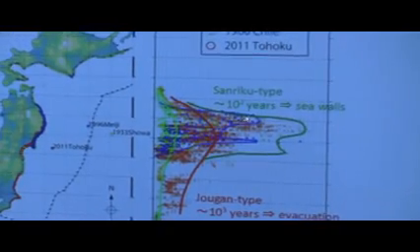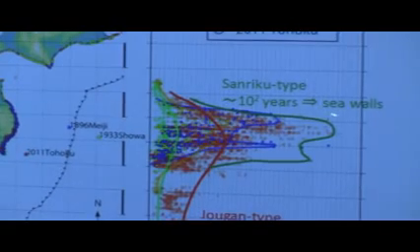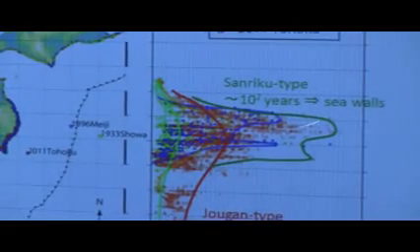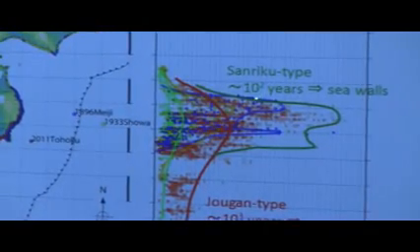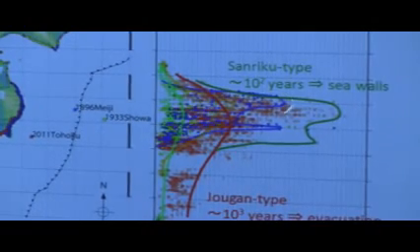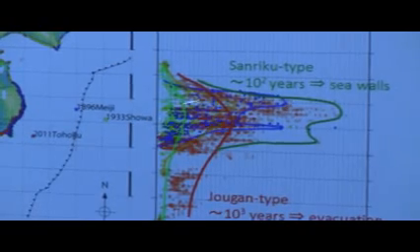And we are looking at this event as composed of two types of tsunami. The Sanriku tsunami repeated every 100 years and produced the large inundation height, especially in the Sanriku district.